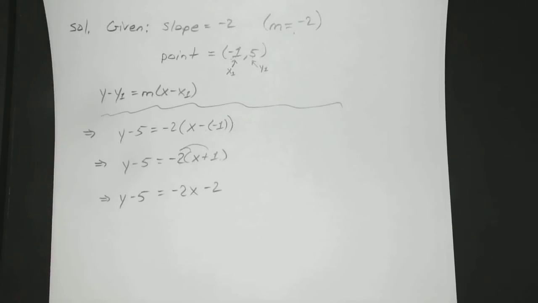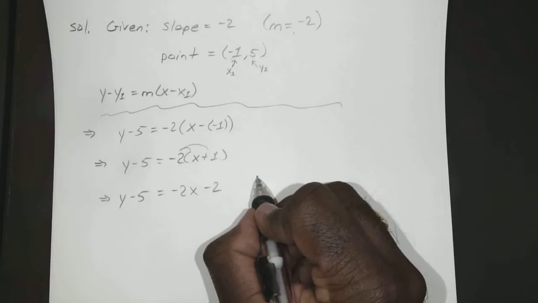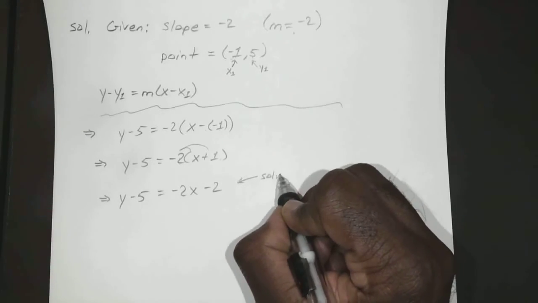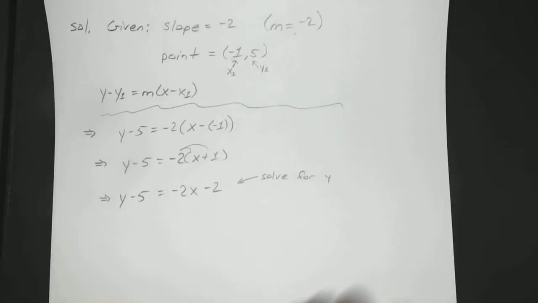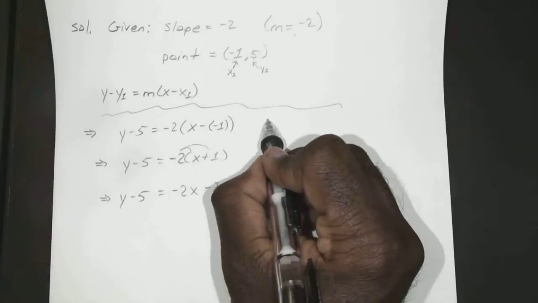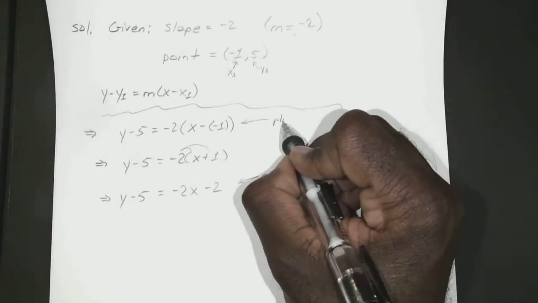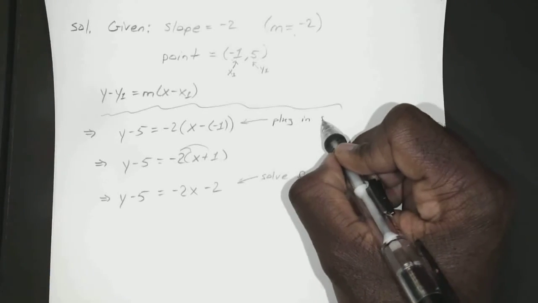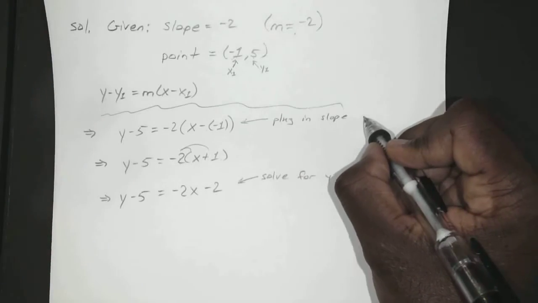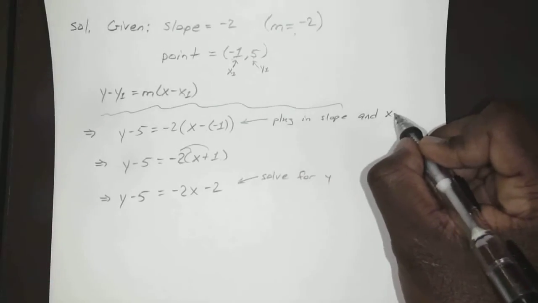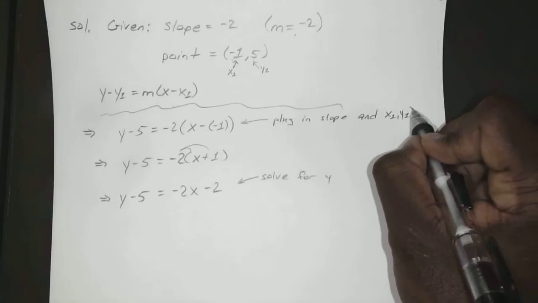Okay. Then from there, you just solve for y. On this one, we just plug in the slope and your x1, y1.